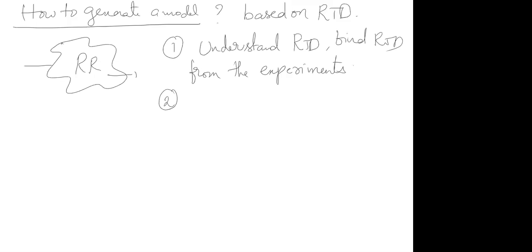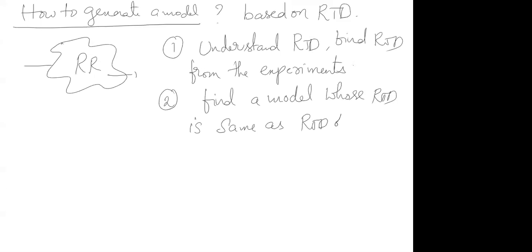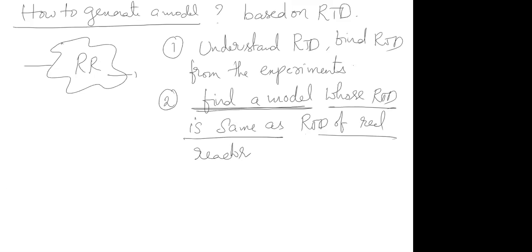Then the next step is to find a model whose RTD is the same as the RTD of the real reactor. Find a model whose RTD is the same as the RTD of a real reactor.